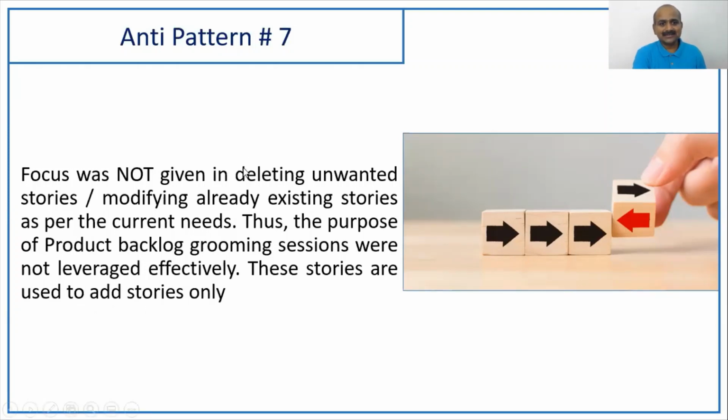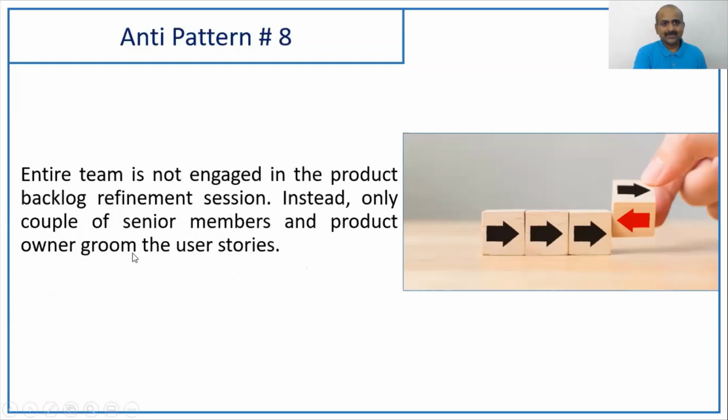The next anti-pattern is the entire team is not engaged in the product backlog refinement session. So there are a couple of members who dominate, and they'll be talking. Even if some members want to talk, they won't actually let these people speak. So the Scrum Master needs to really do a great job there, wherein everybody's inputs are properly listened to, and dominating members are coached offline, saying that if you take this much amount of time, when will others speak, kind of a stuff, right?